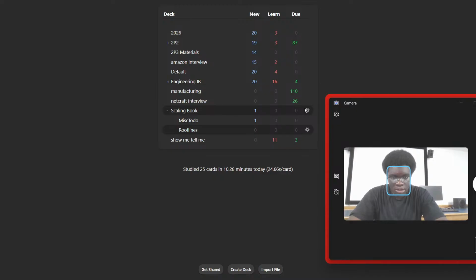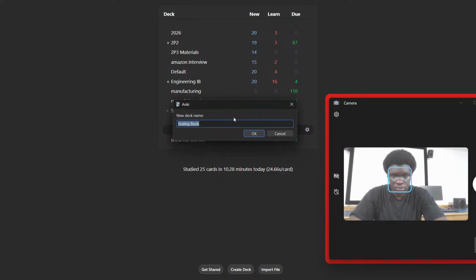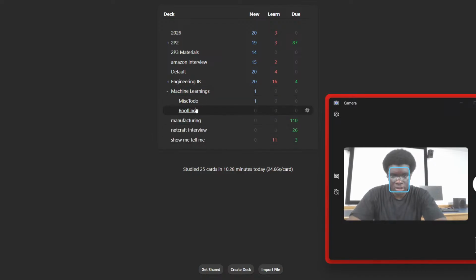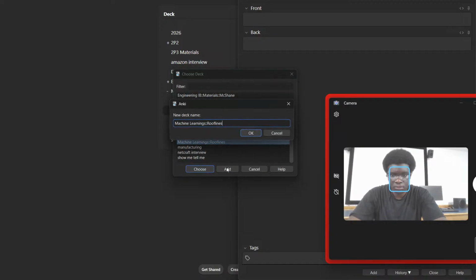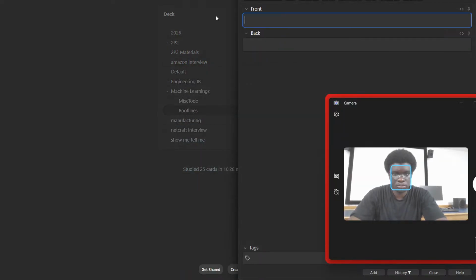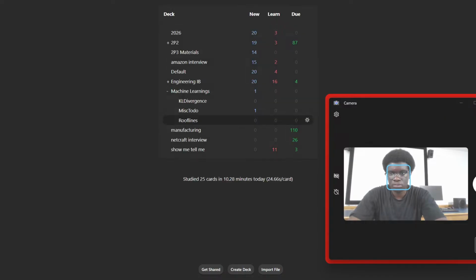Oh God. Machine learning. Yeah. So KL divergence.